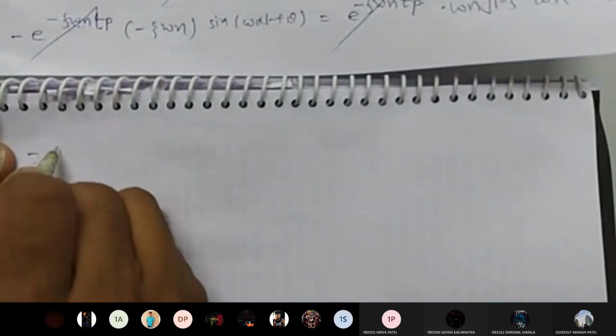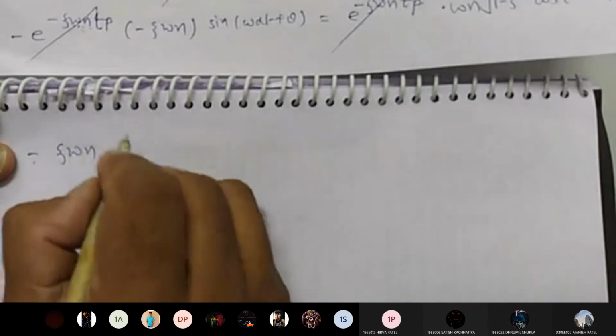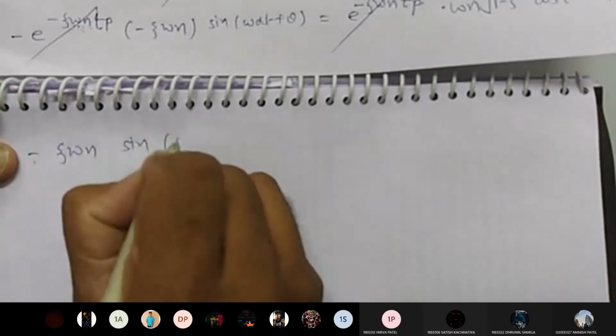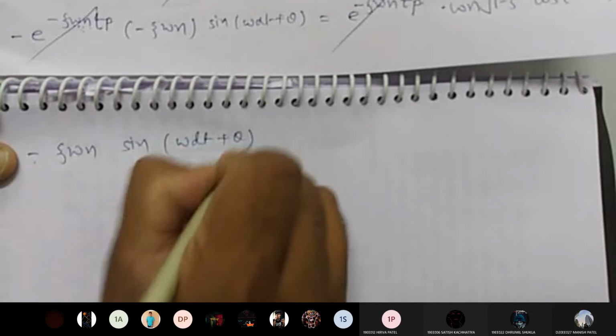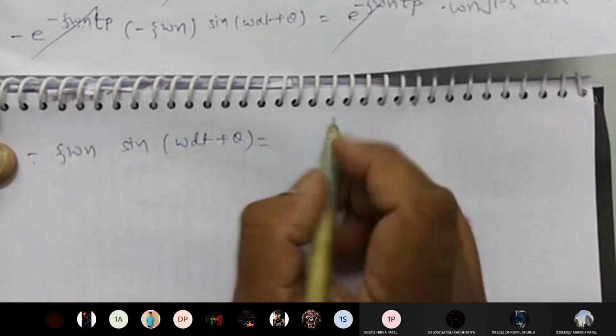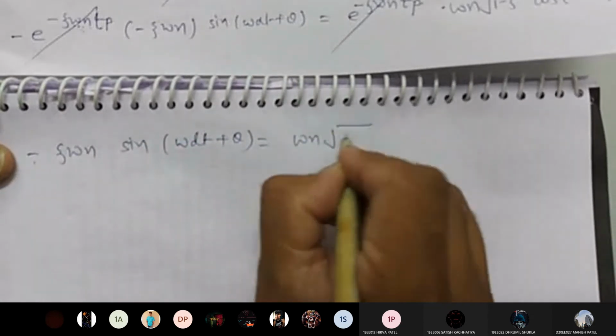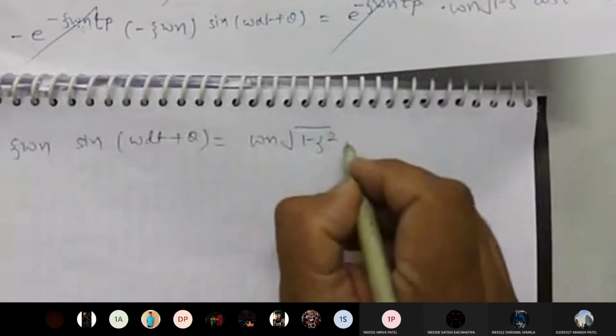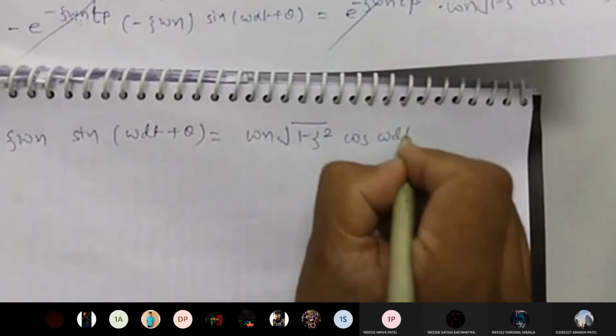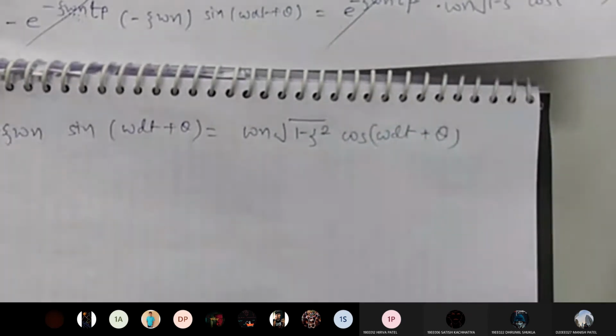We have minus zeta omega n into sin omega dt plus theta is equal to omega n under root 1 minus zeta square cos omega dt plus theta.